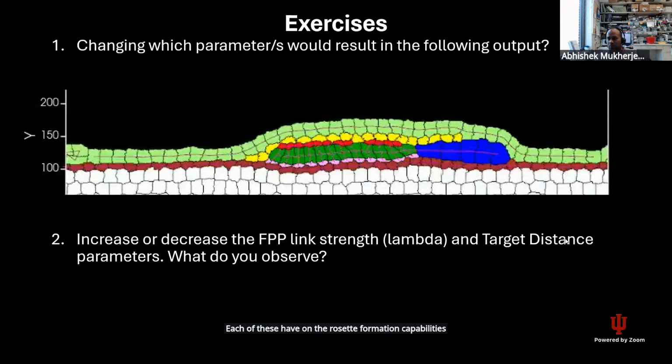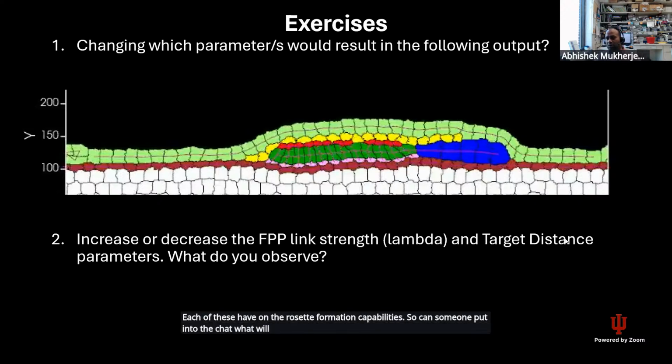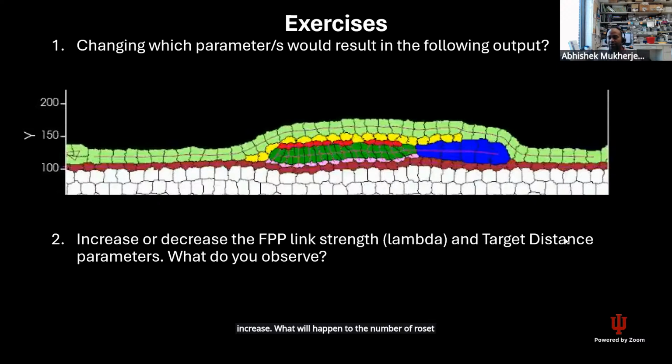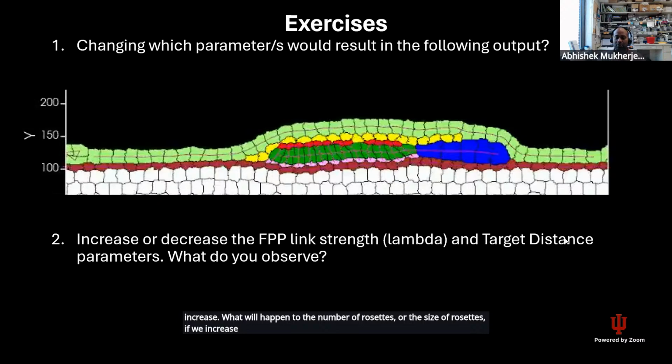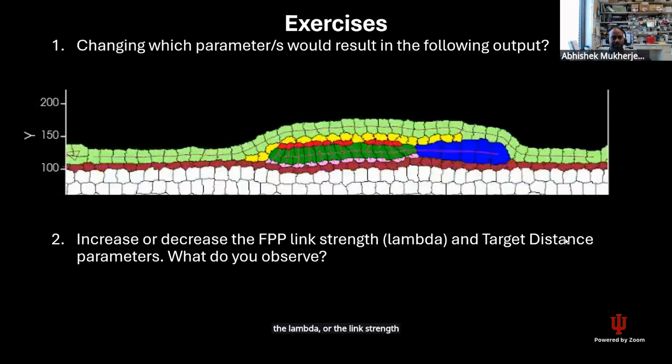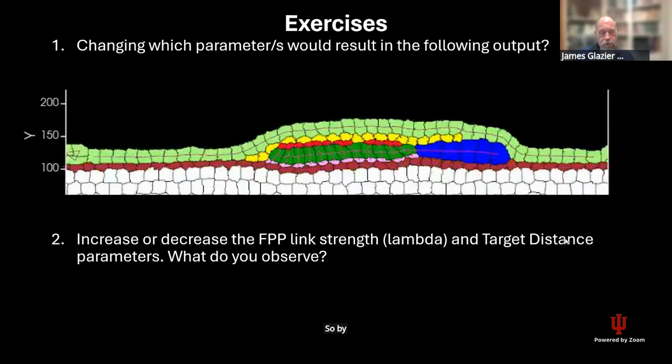So can someone put into the chat what will happen to the number of rosettes or the size of rosettes if we increase the lambda or the link strength? By increasing link strength, do you mean increasing the contractility or increasing the breaking strength?